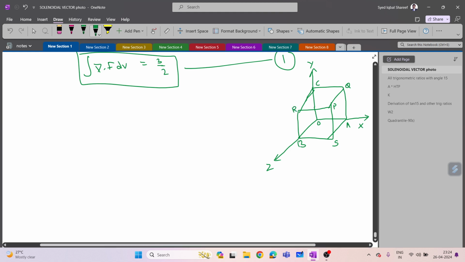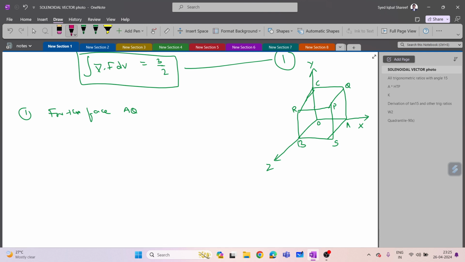Now we have to go for the six faces. Face 1 is AQPS. We'll take PS, not RS.